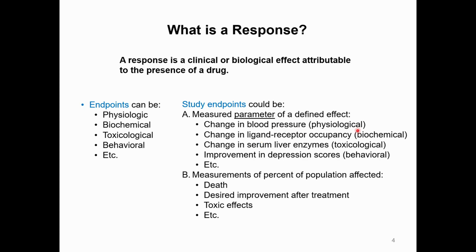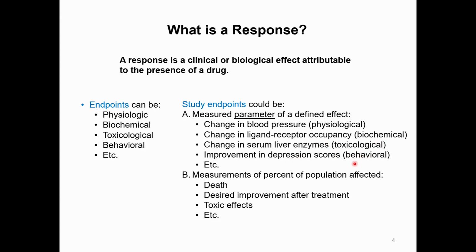Like for instance, change in blood pressure is physiological. Change in ligand receptor occupancy, that's biochemical. Toxicological, you might draw serum from the patient and look at liver enzymes like ALT, for instance, and determine how much liver damage is being induced at different doses.